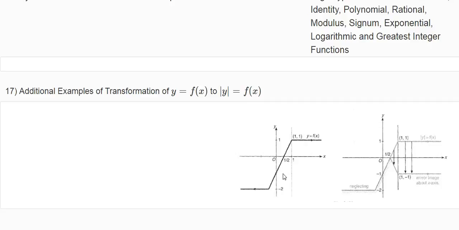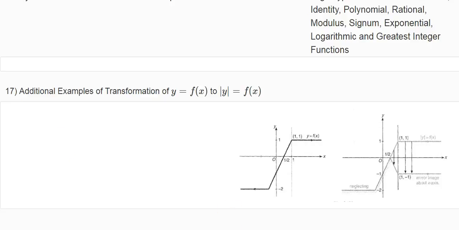I hope you will not get confused with this transformation and other transformations, because we have gone empirically with each transformation. We have not just told you to cut this portion, take the mirror image of this portion, shift this portion here and that portion. We have tried to logically tell you all the transformations so that you don't have to remember anything.